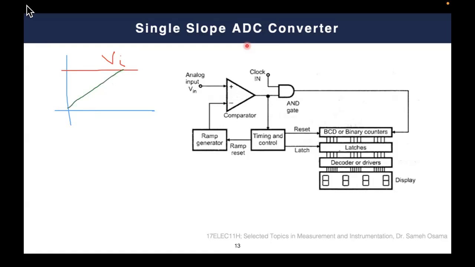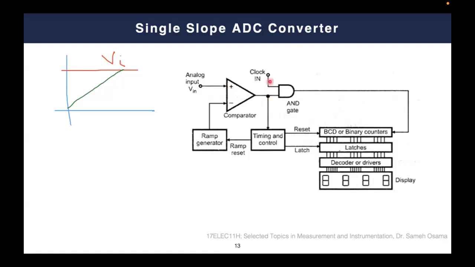As you can see, my dear student, in this period before the intersection, V input is greater than the ramp signal. So the plus is greater than the minus, and the comparator is going to produce a high signal.